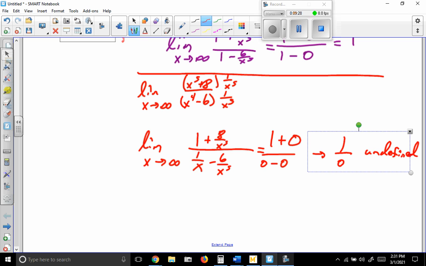Well, what does that mean? If we think about this, as x is getting bigger and bigger, the bottom is getting closer and closer to 0. Well, if we divide by a smaller and smaller number, then our answer is getting bigger and bigger. So we're going in the direction of positive infinity.